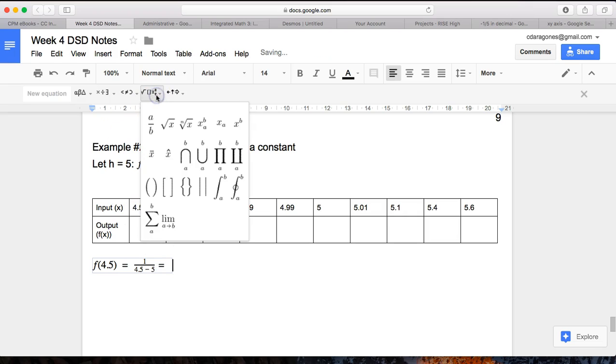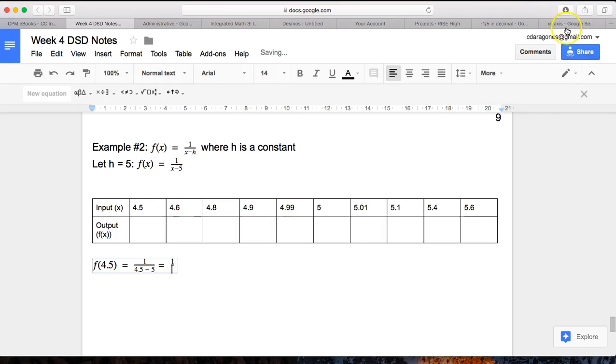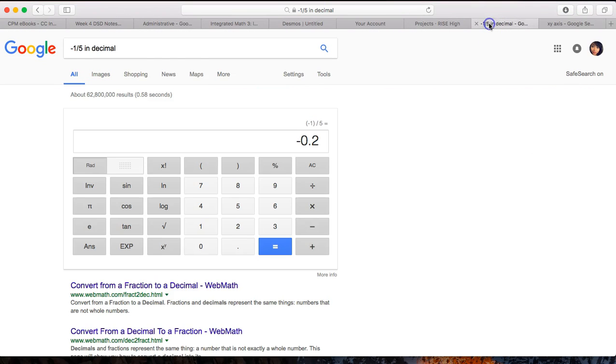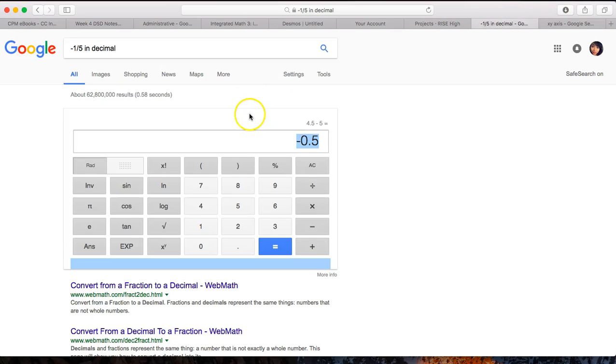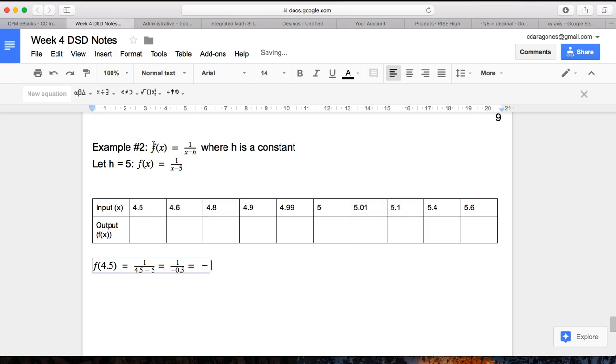We know the top part stays 1. 4.5 minus 5 is negative 0.5. So we have 1 divided by negative 0.5, which is equal to negative 2.